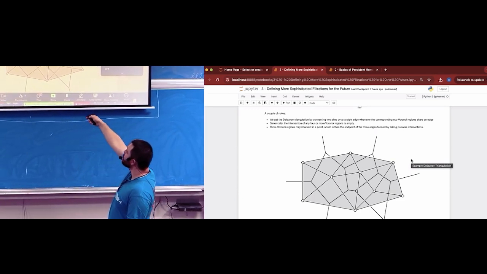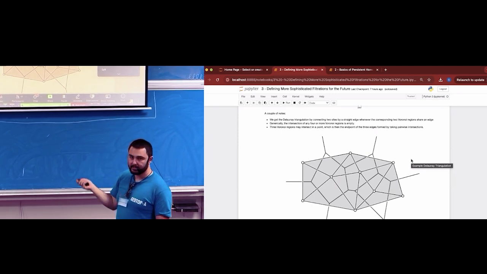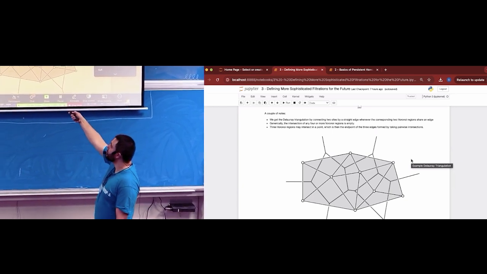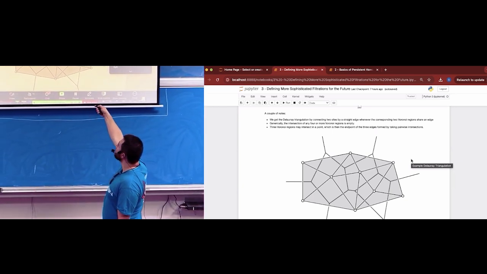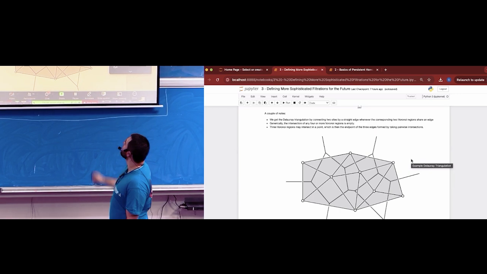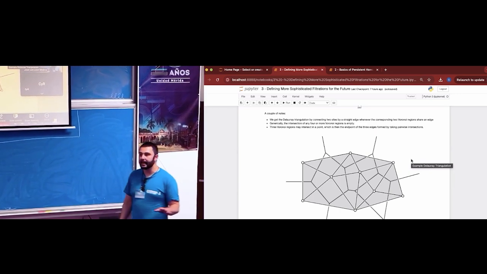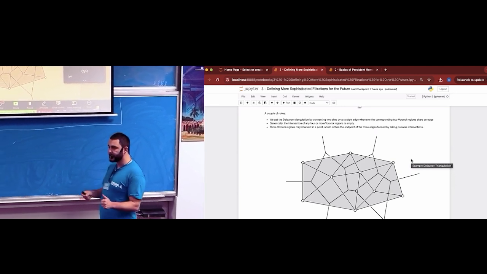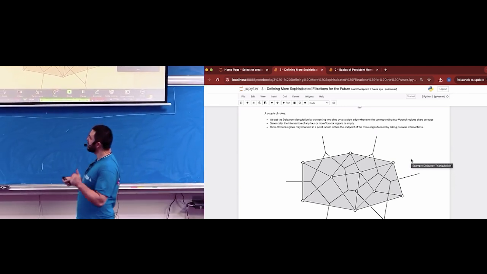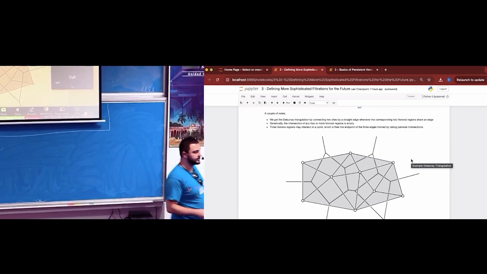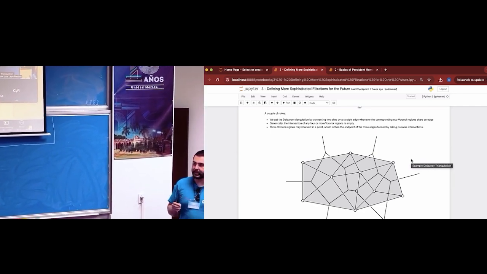Generically, the intersection of any four or more Voronoi regions is empty, right? Especially when you're in lower dimension. Three Voronoi regions may intersect in a point, which is then the endpoint of the three regions formed by taking the pairwise intersections. So you're only really likely to get those one simplices and those two simplices, and it's very unlikely that you'll get three simplices and beyond, which is one of the reasons why the alpha complex is so sparse.